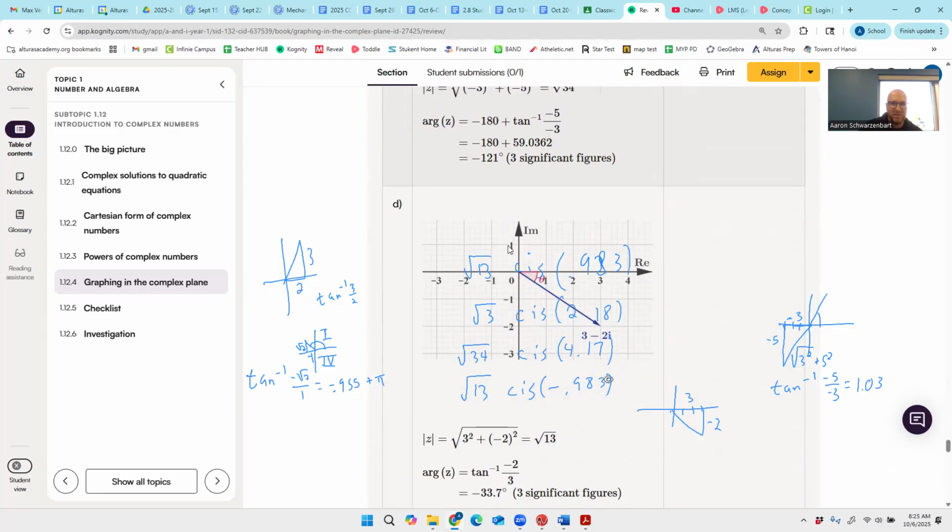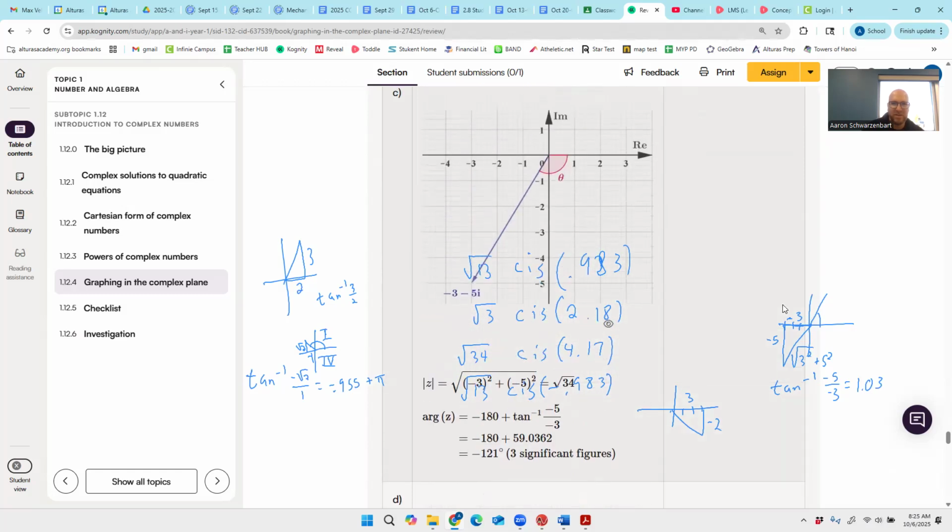They gave quadrant 3 as a negative angle. So instead of that, they measured the angle that way. We measured it this way. Both are correct, unless they give you an angle range. Does that make sense? That's all there is to this section.